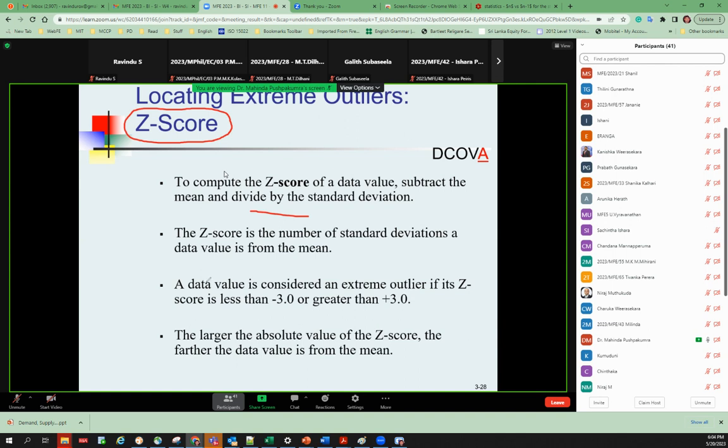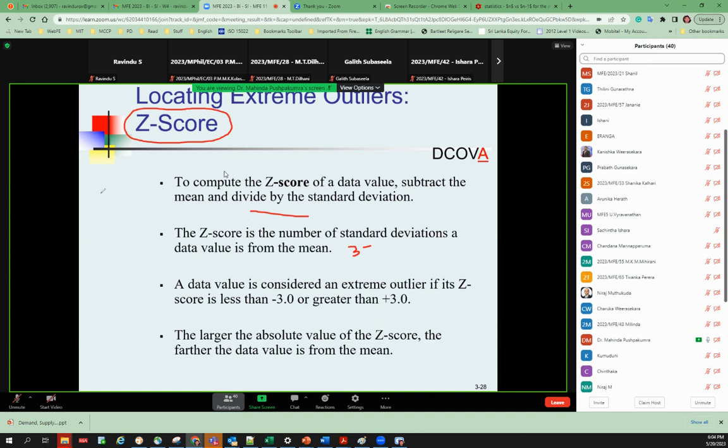The Z-score is the number of standard deviations the data value is from the mean. If the Z-score is 3, it indicates that the data value deviates from the mean by 3 standard deviations.